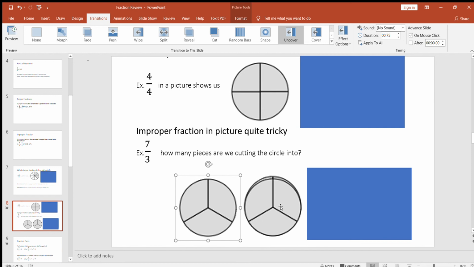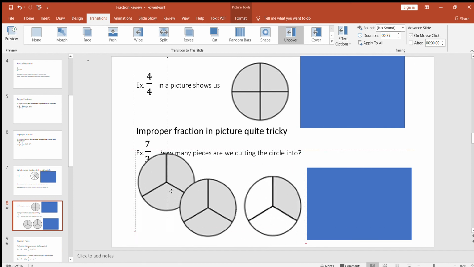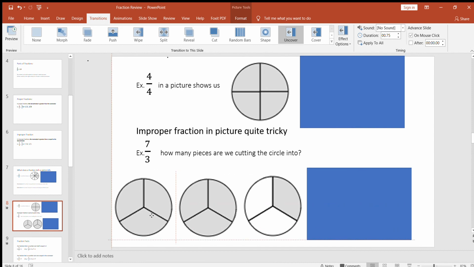No. So we need another pizza. Now question, how many slices are we cutting this pizza into? 3. Again, the denominator always tells us that we're going to cut that pizza no matter what into 3 slices. So let's have another pizza.